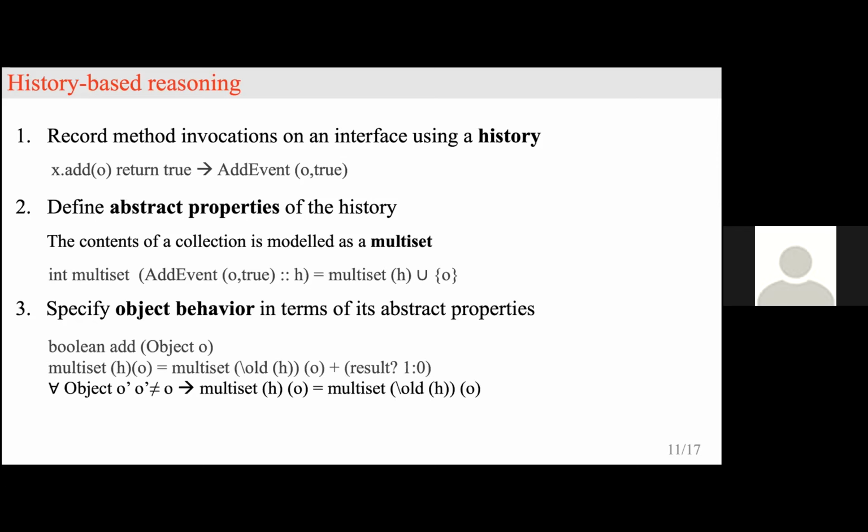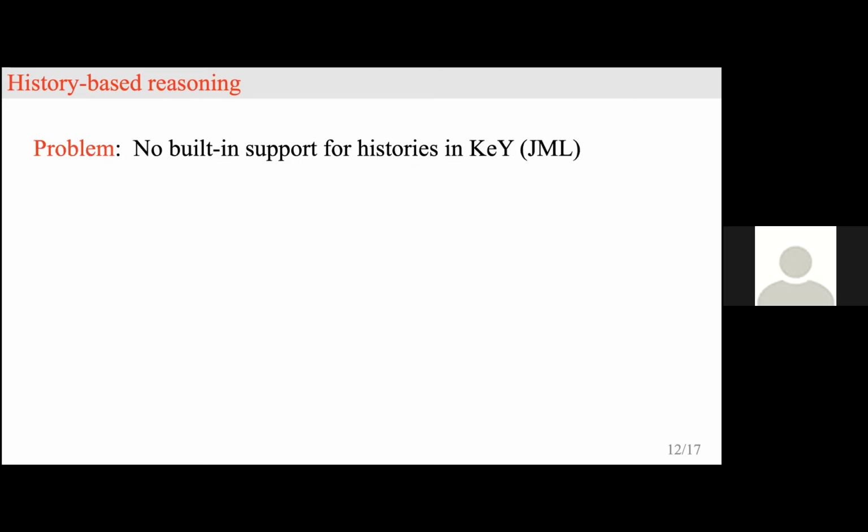For the example we gave, in the boolean add method in the interface Collection, we can say that the multiset will add 1 if the result returns true. Otherwise, if the result is false or the object O' is not equal to O, the multiset will remain the same.